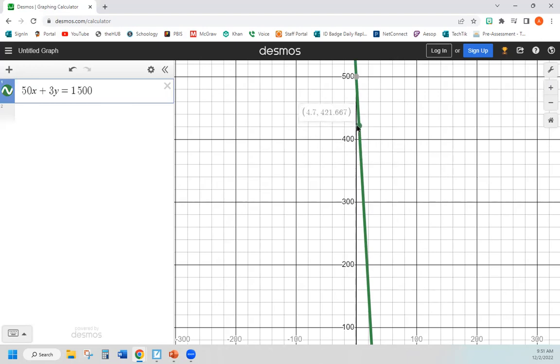Let's see. No, it's not in the 450s. I'm just going to leave it like that. About 415-ish. That's close enough. So as you can see, it was just a rough estimation.